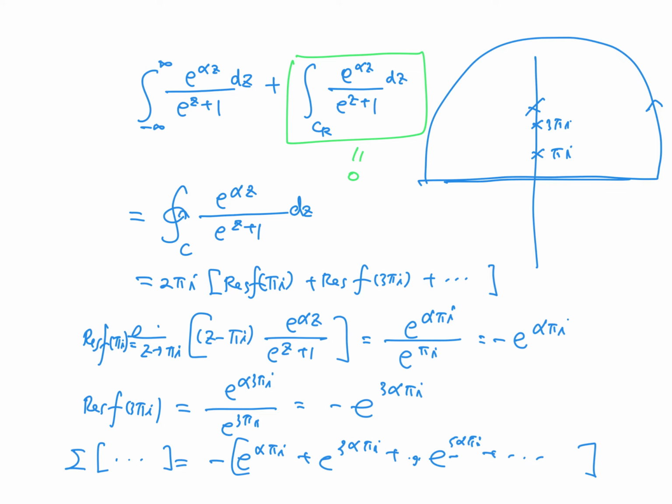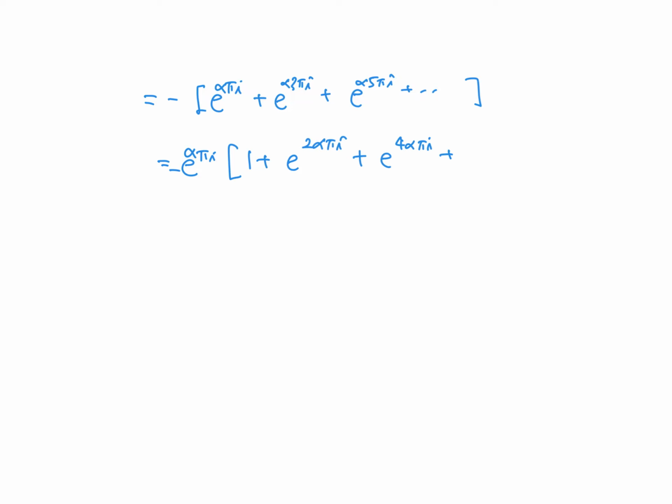So it becomes minus the sum of exponential alpha pi i, 3 alpha pi i, 5 alpha pi i, etc. So 1 plus exponential 2 alpha pi i plus exponential 4 alpha pi i, etc. So it can be written as minus exponential alpha pi i times (1 plus exponential 2 alpha pi i plus exponential 2 alpha pi i squared plus etc.).